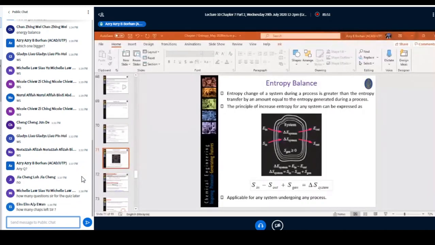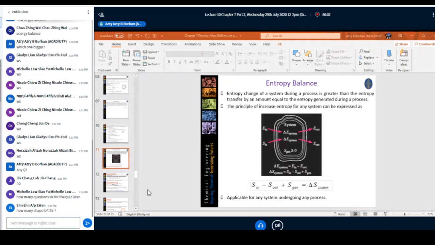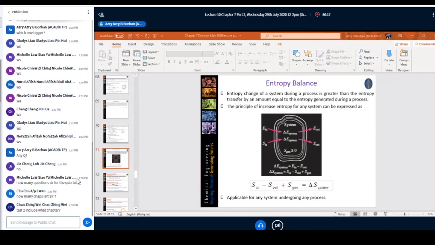Okay, so for test 2, this time the question has been set differently. It's not easy or straightforward like what you had in test 1. It is more like an open-ended type of question. So that means there is no single answer from each of you. It has to include what chapters?